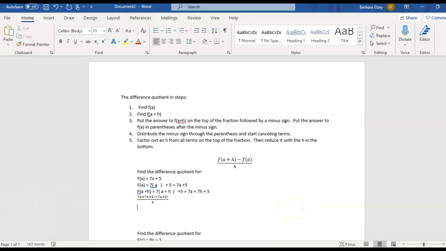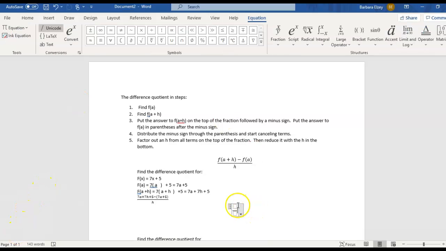I better get my fraction again. All right, so on the top, I still have the 7a plus 7h plus 5. Remember that a minus sign just changes the sign of everything in the parentheses. So my 7a becomes negative and my 5 becomes negative. And then I still have this h on the bottom.